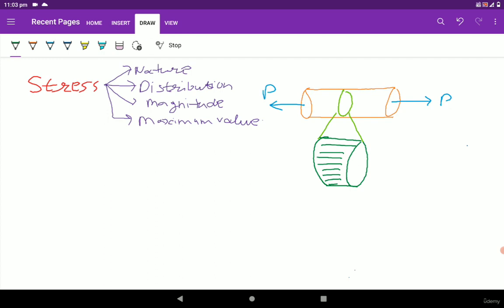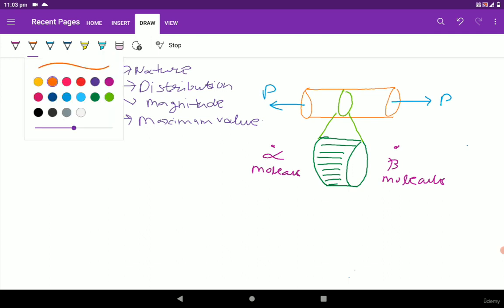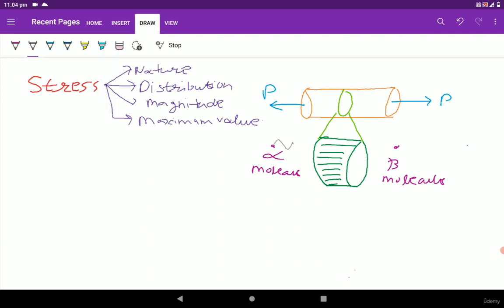Now suppose there is some alpha molecule on left hand side, and on right hand side there is a beta molecule, which are attached together by a certain bonding, which can be ionic or covalent bonding.